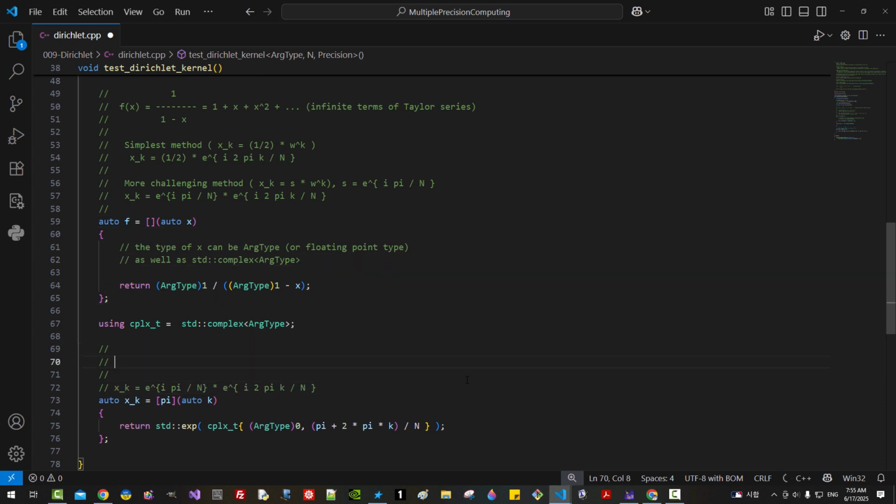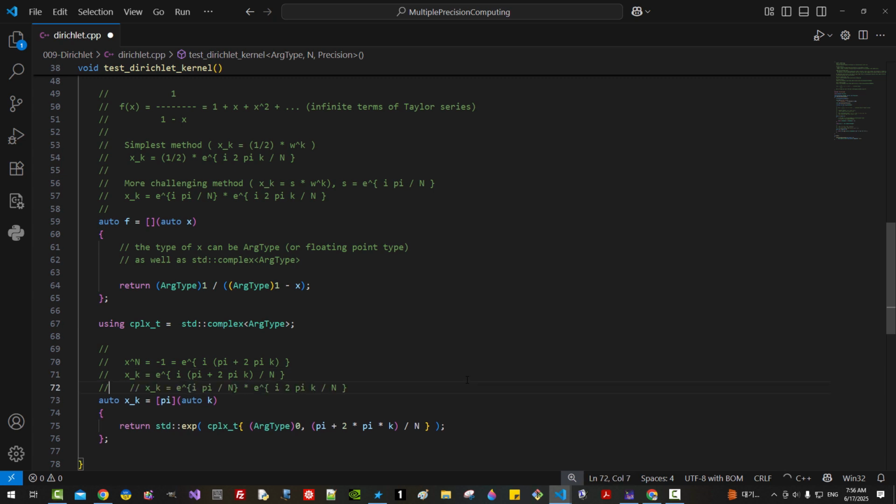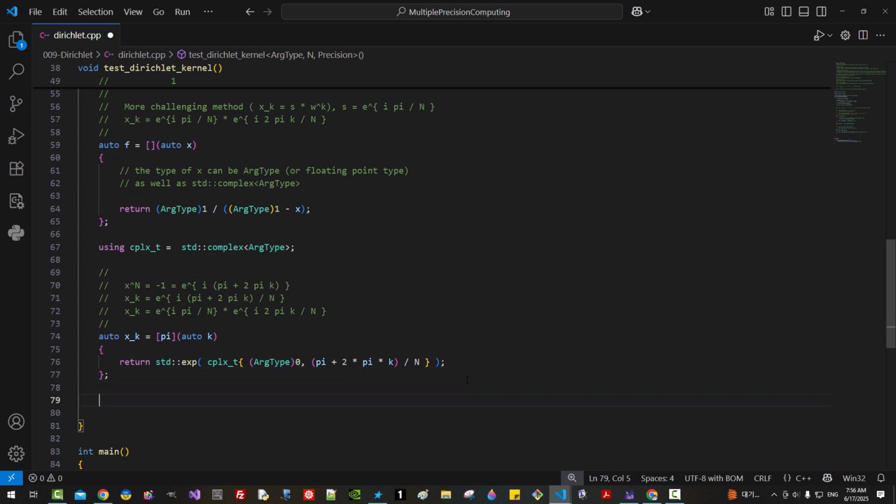Here, we use x to the nth power equals -1, or e to the I phi plus 2 phi k, then xk becomes that over n. So this is our mathematics.